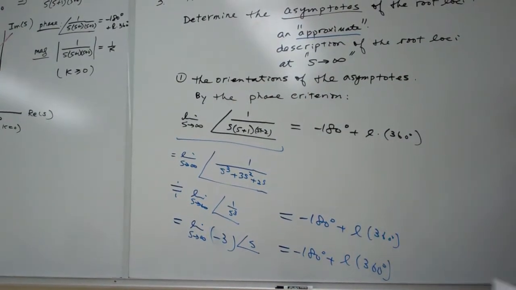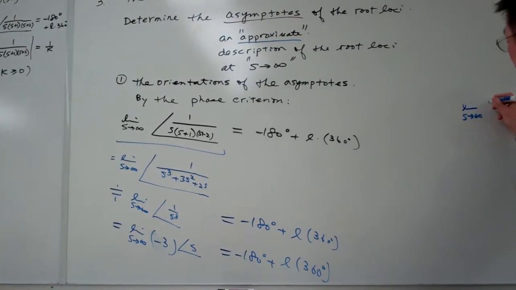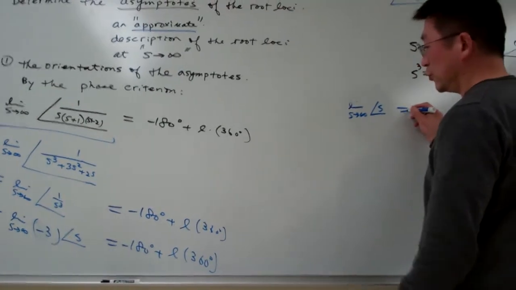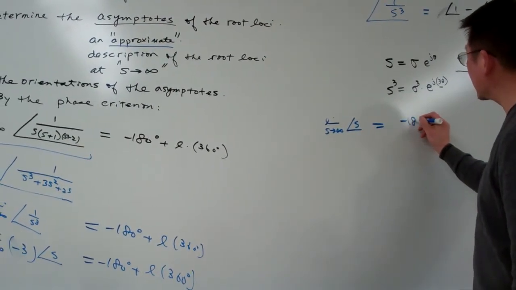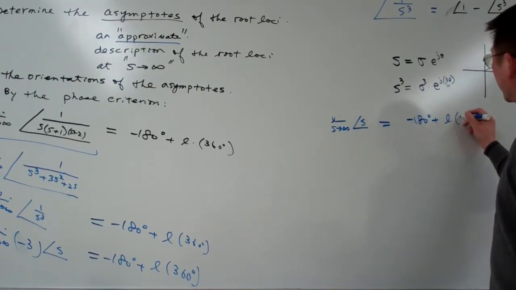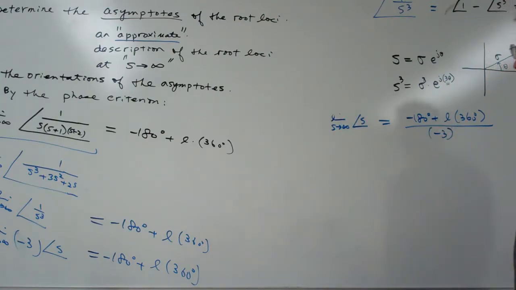The right hand side is the limit as s approaches infinity of the angle of S equal to, I divide by minus 3 on both sides, so that is minus 180 degrees plus L times 360 divided by minus 3 here, right? I simply remove the minus 3 to that sense.